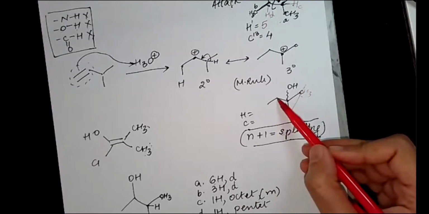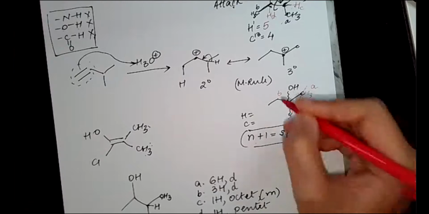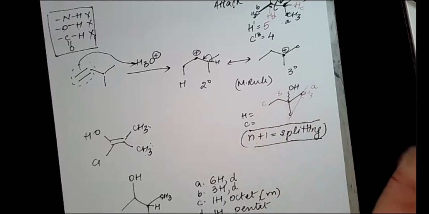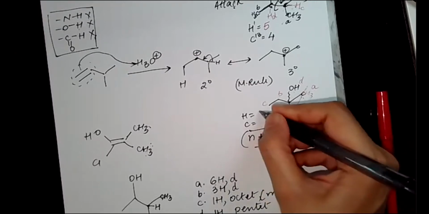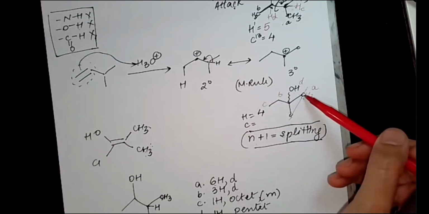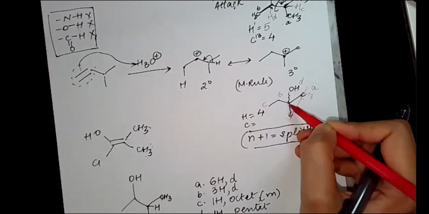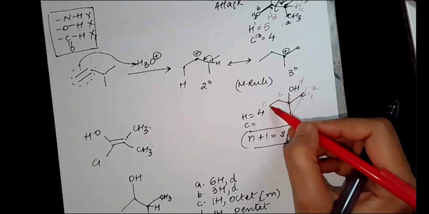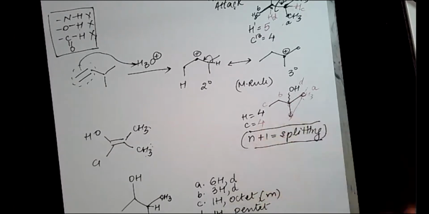This is A, this will be B, this will be C, and this will be D. Number of hydrogen peaks, 4. Number of carbon peaks, carbon 1, carbon 2, carbon 3, carbon 4. I will have 4 carbon peaks.